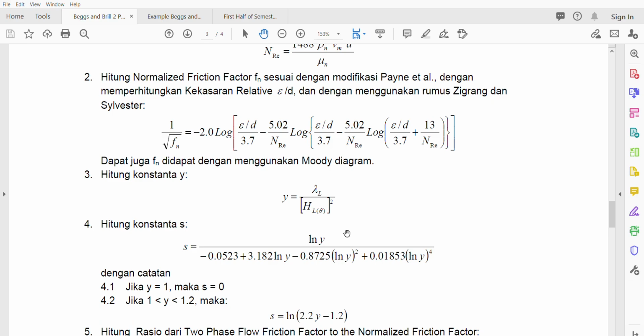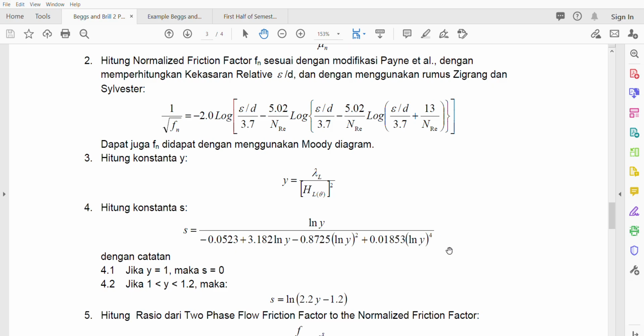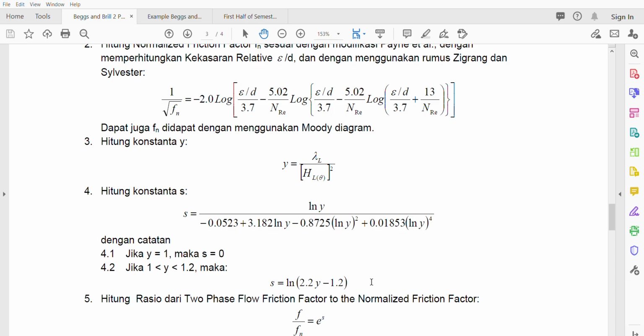Okay, and then we have S, this expression, ln of this Y, and then the whole thing. But there is a note in here. If Y equals 1, then S becomes 0. If Y is between 1 and 1.2, the expression of S is this equation here. So what is S?